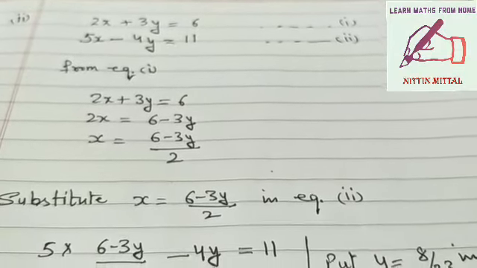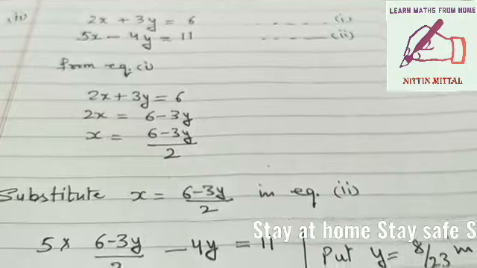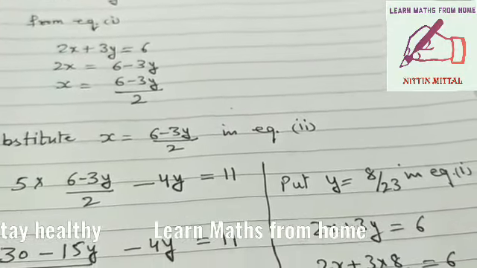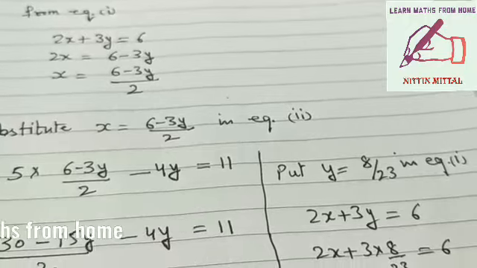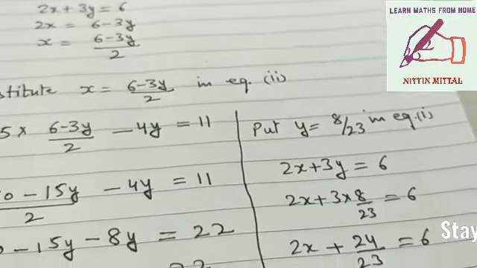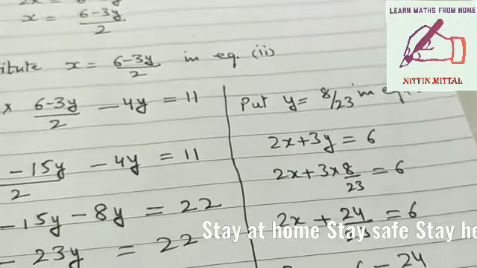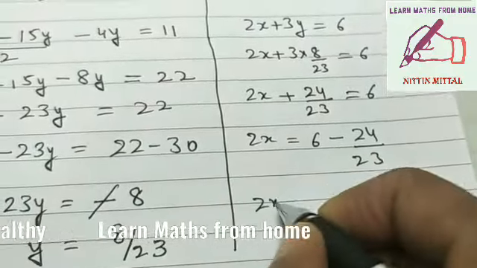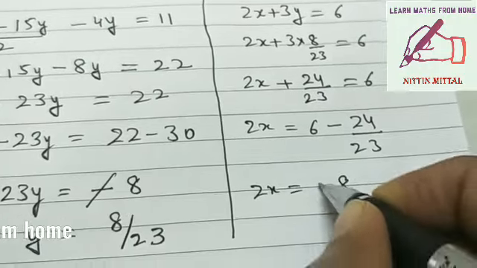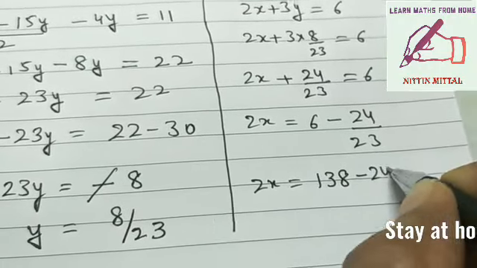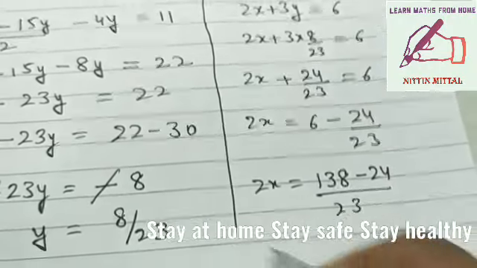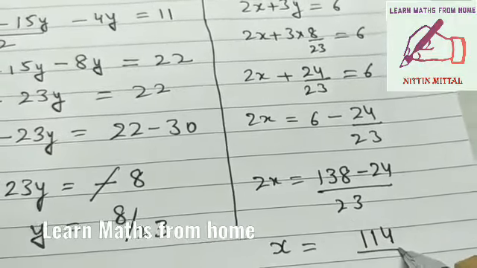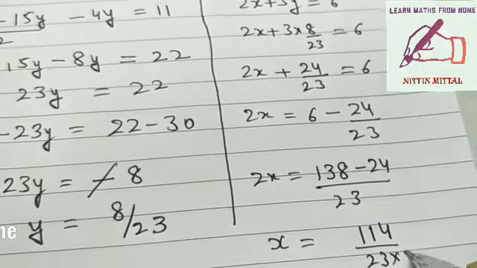So 2x plus 3 into 8 over 23 equal to 6. 2x plus 3 eights are 24 over 23 equal to 6. 2x is equal to 6 minus 24 over 23. Then further 2x is equal to, 6 threes are 18, 138 minus 24 over 23. So x will be equal to 114 over 23 into 2.